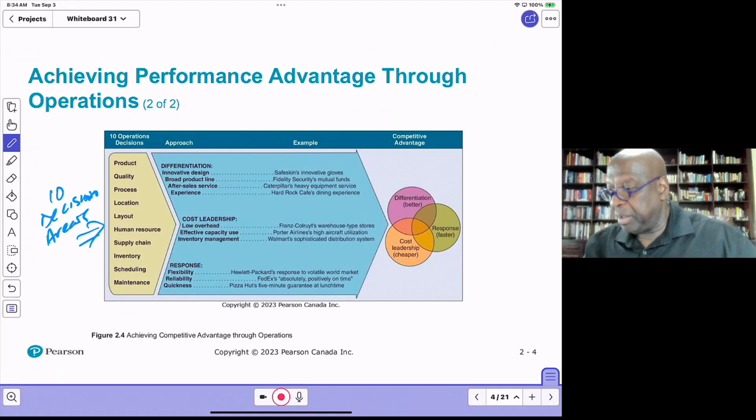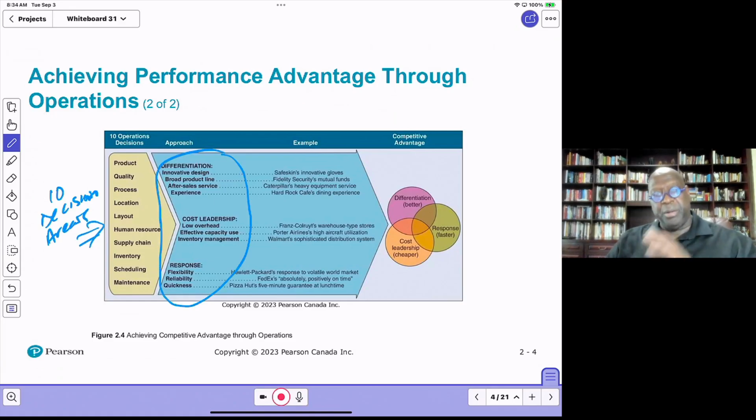And here essentially this section is the performance objective that we're looking for. If you're looking for differentiation, if you're looking for cost leadership, if you're looking for response.